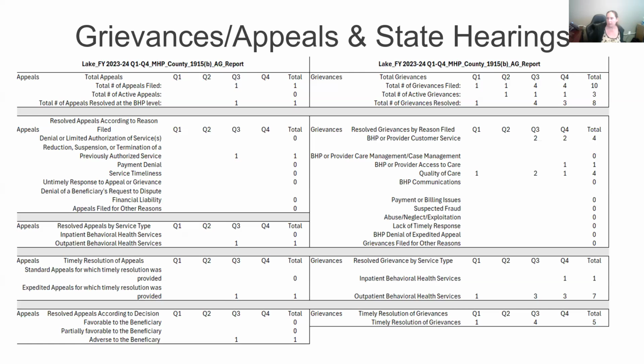I'm kind of curious how that doesn't total out to 10. Ken, are you in? Yes, I can add to that, Vanessa. Please. So that middle column, the total number of active grievances, those were typically grievances that were filed towards the end of the quarter, so they weren't resolved until the following quarter. So they carry over, unfortunately.